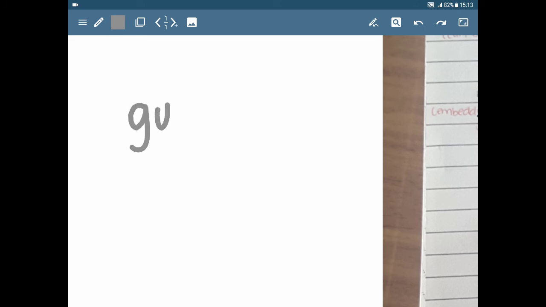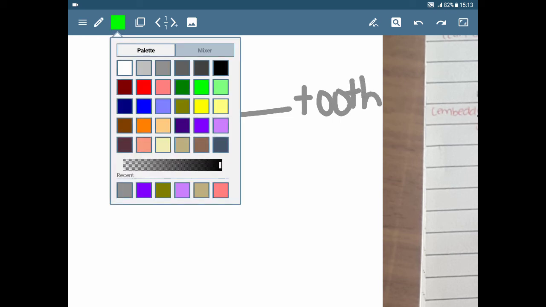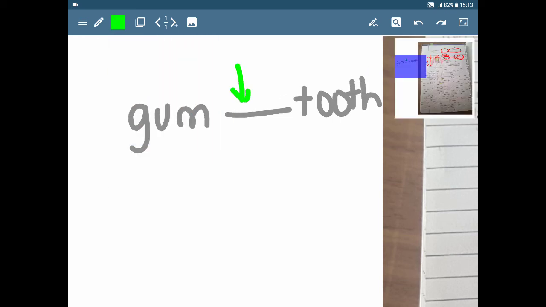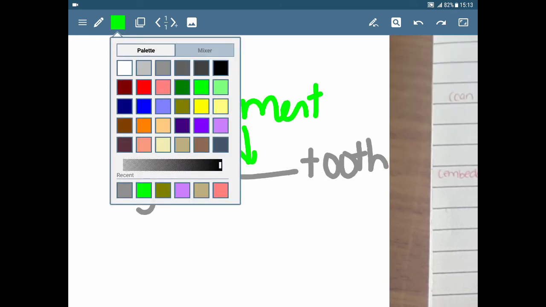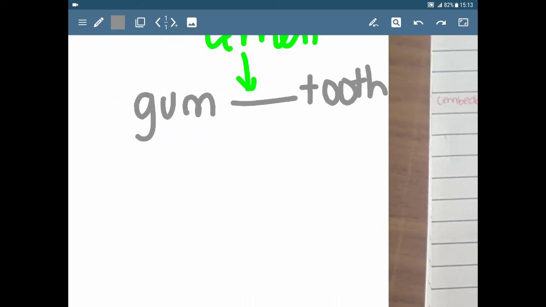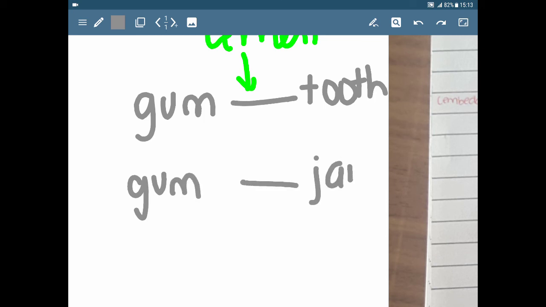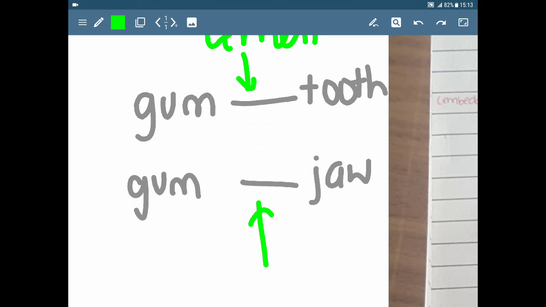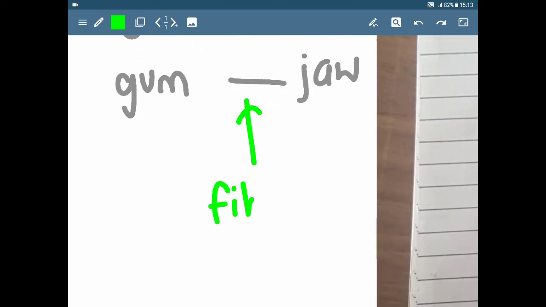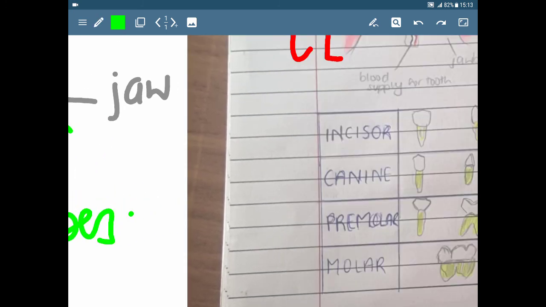So between gum and tooth, we have cement, and between the gum and jaw, we have fibers.